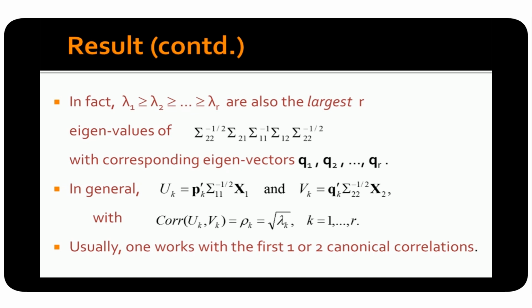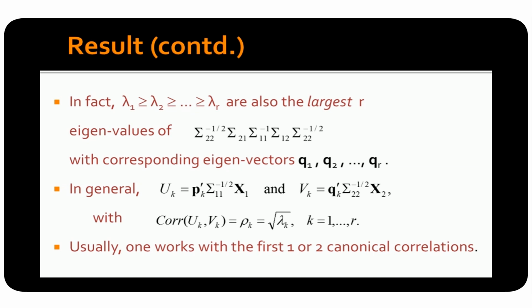So, as we did for the principal components, we have an eigenvalue-eigenvector pair, and the square root of the eigenvalue gives us the correlation, and the eigenvector helps us to find the combining factor for the first canonical variable. What about the second canonical variable?